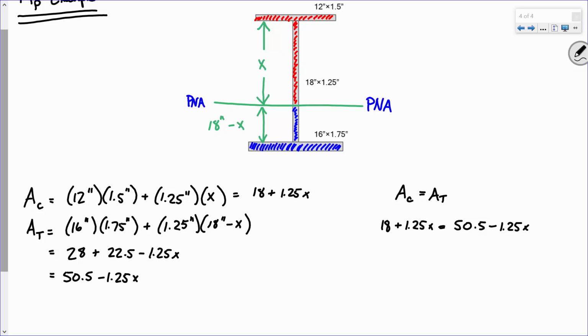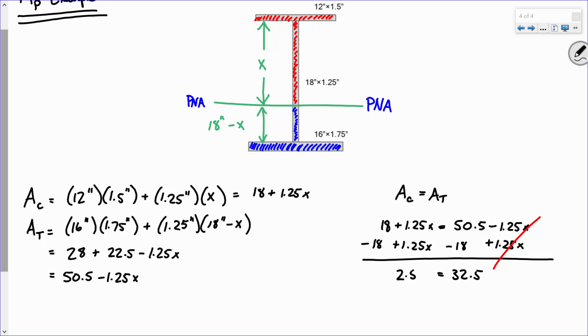Now I'm going to get all the x's onto one side by adding 1.25x, so that cancels everything over here. Then I'm going to subtract 18 and get 32.5 is 2.5x.